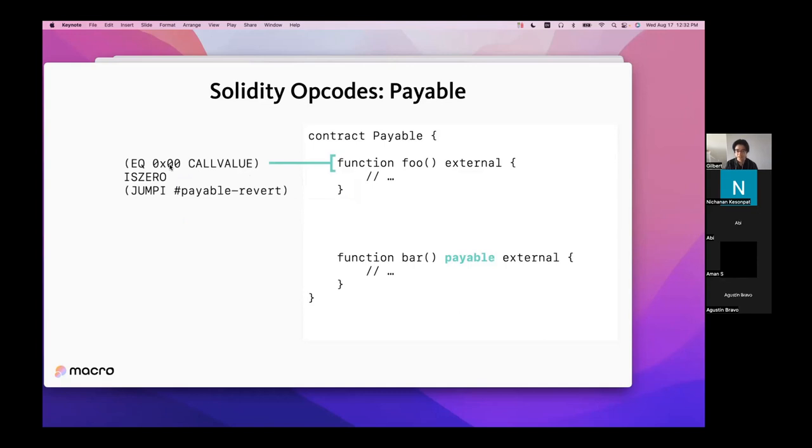If it's not equal to 0, then it's going to jump to somewhere in the bytecode where it's going to revert. So this bytecode is generated for each external non-payable function that you write. In reverse, if you do have payable on a function, then this is not generated and your function is actually smaller in size.